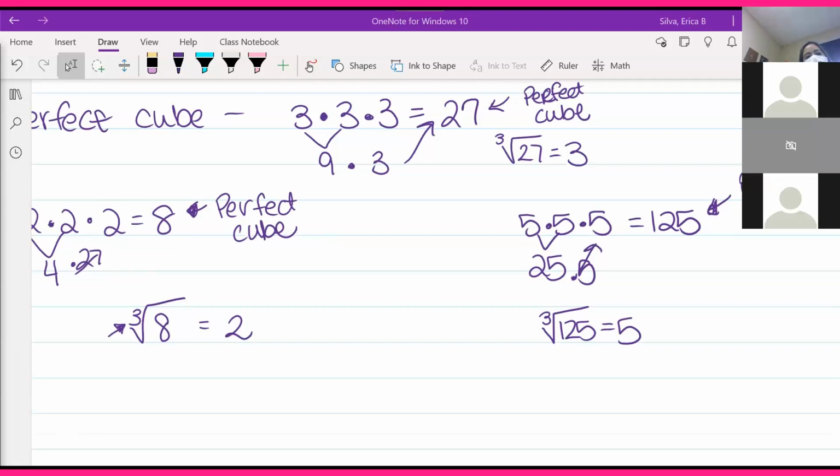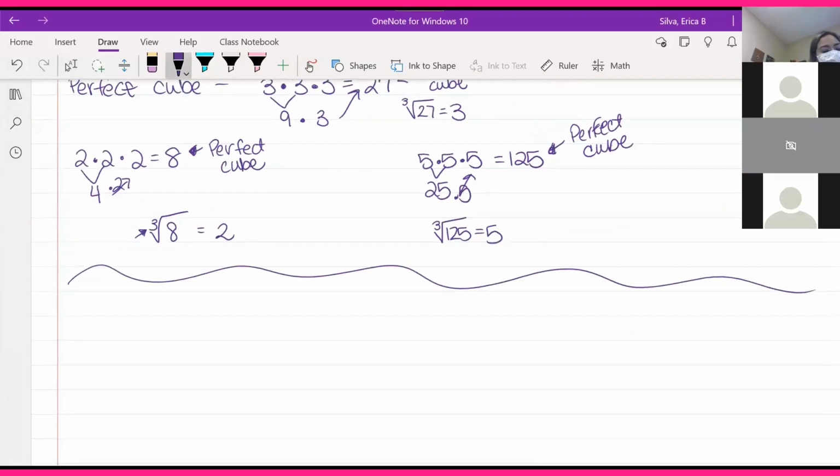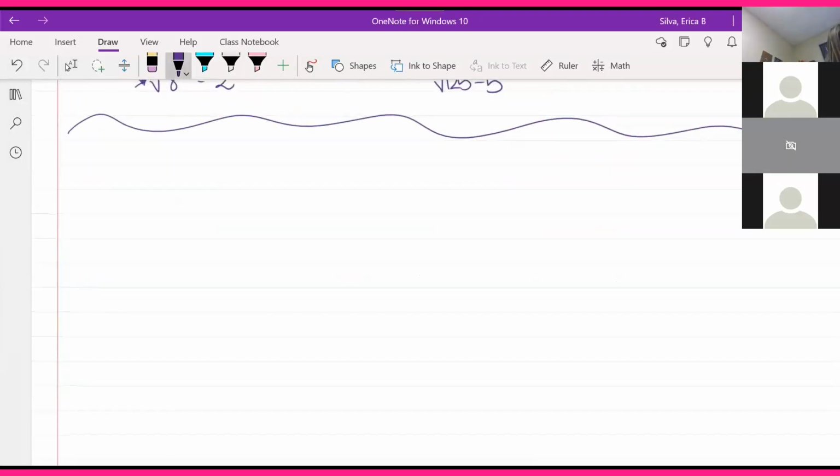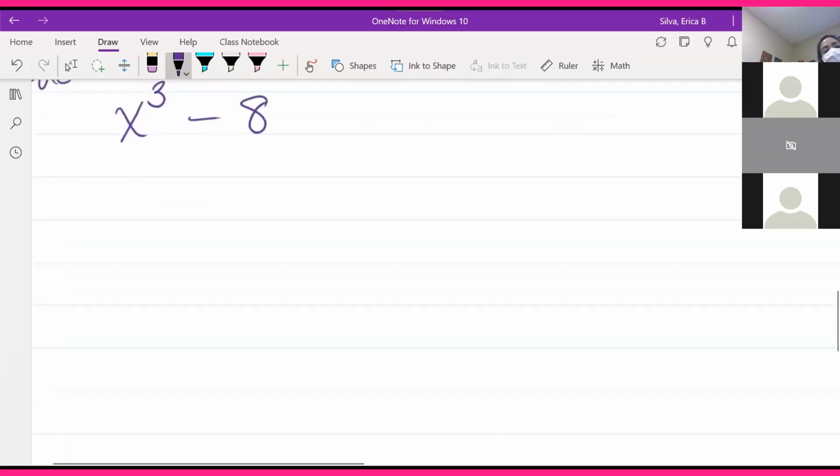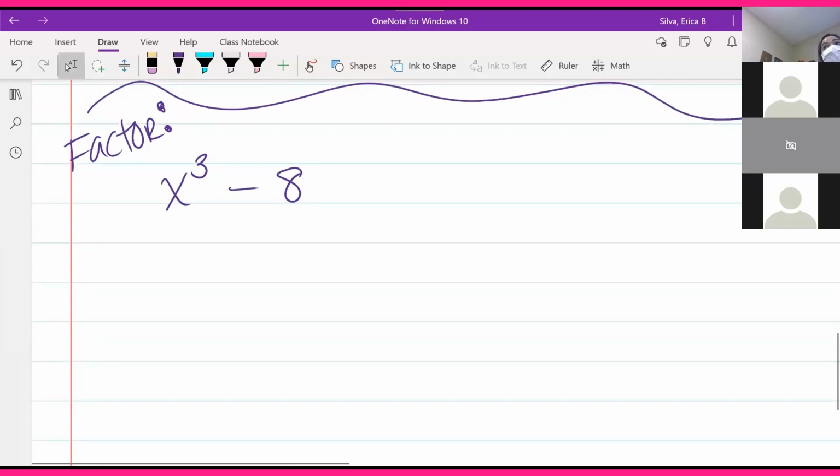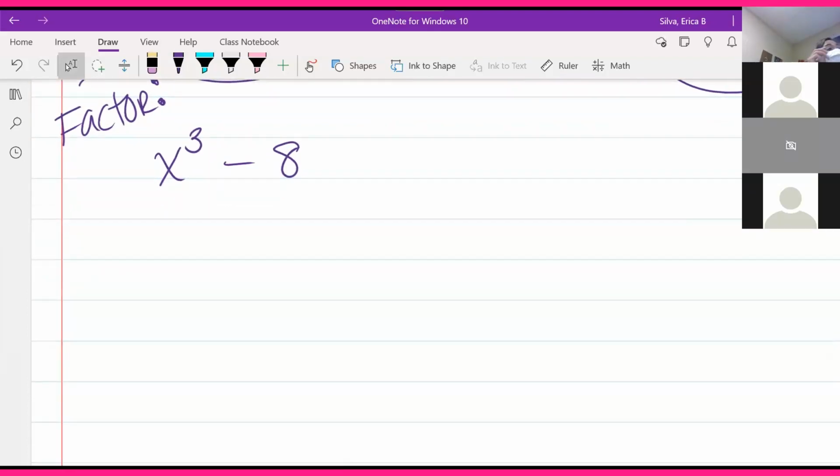All right, let's go ahead and do our first example. We've got x cubed minus 8, and we're going to factor it. The first thing we need to check is if it has two terms. This expression has two terms.